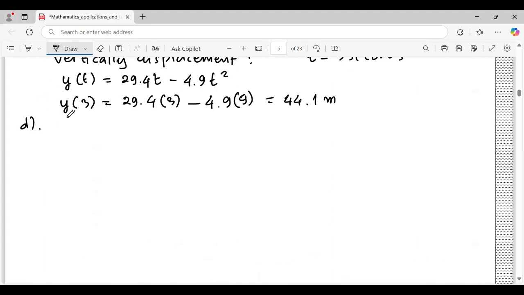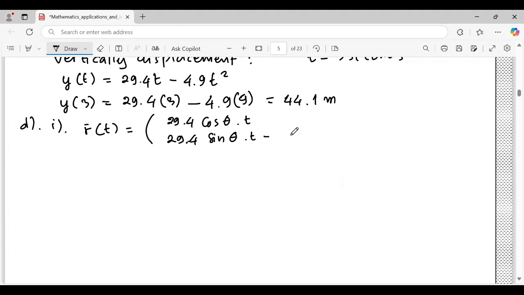In part C, we have found the vector of displacement: 29.4 cosine theta times t and 29.4 sine theta times t minus 4.9 t squared.